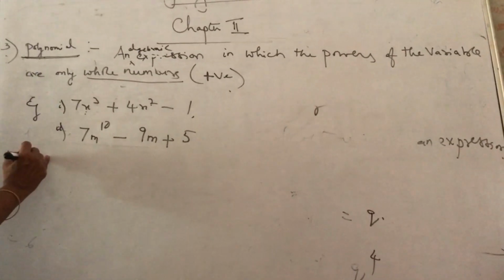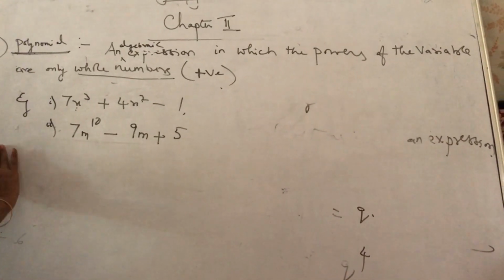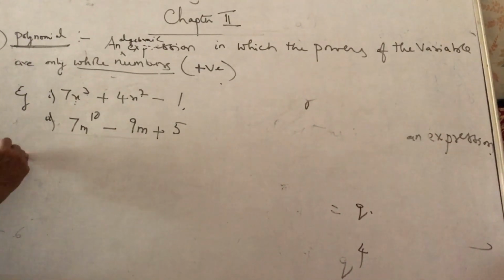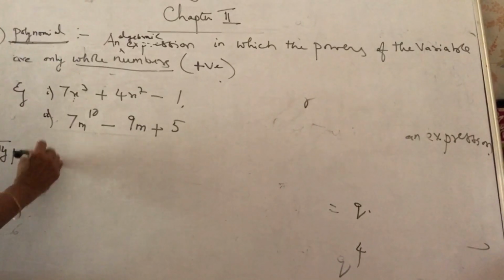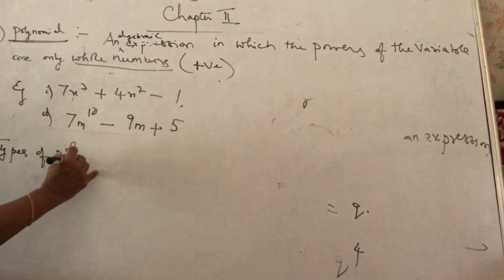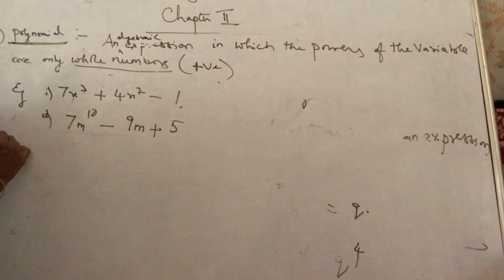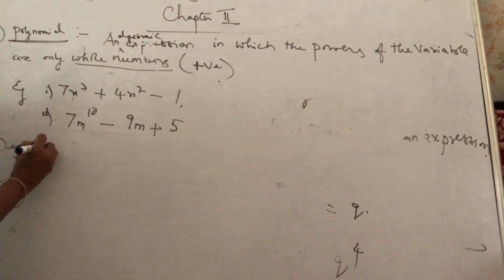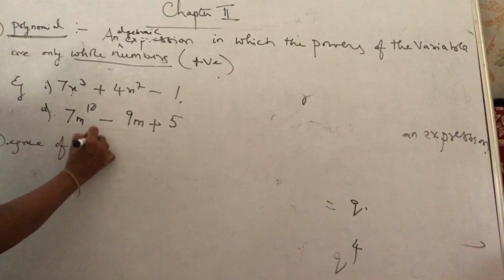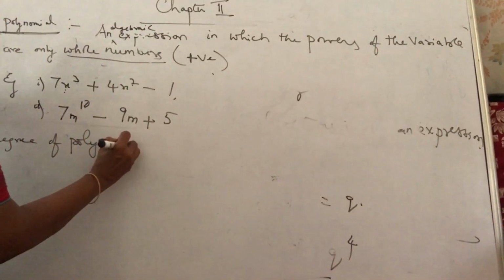Fourth one, types of polynomials. Degree of polynomial.